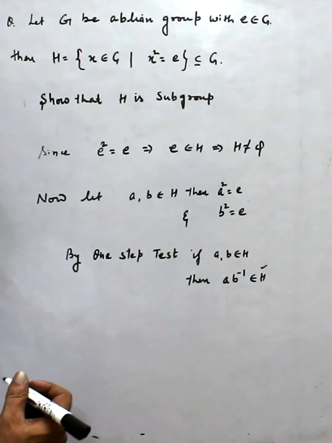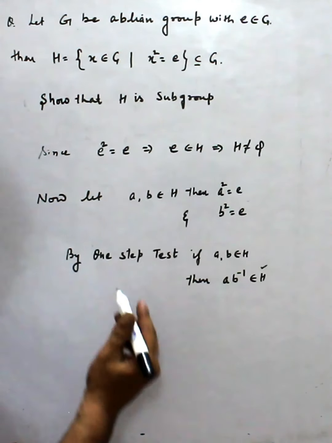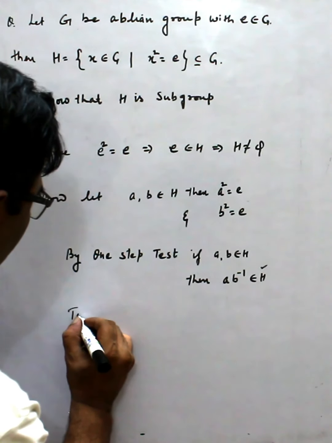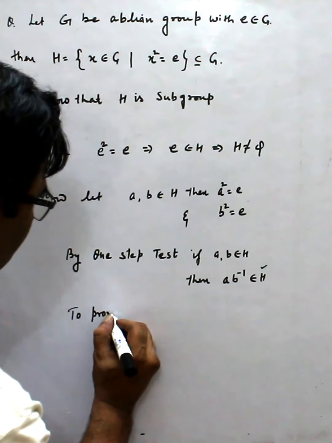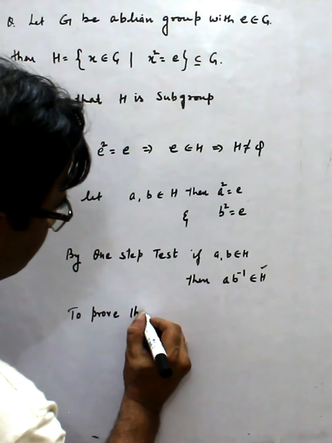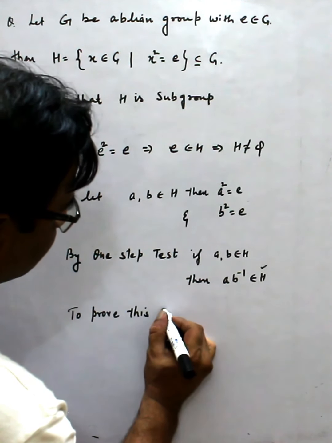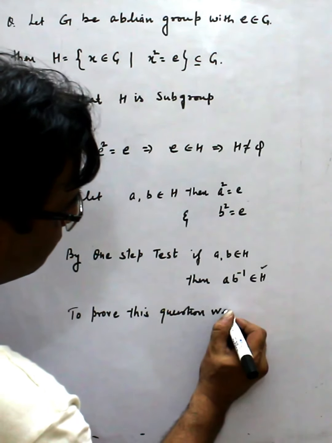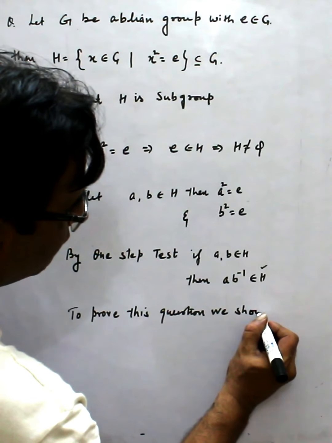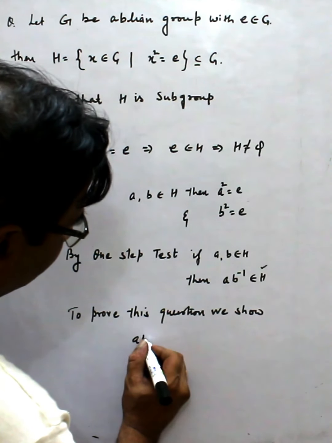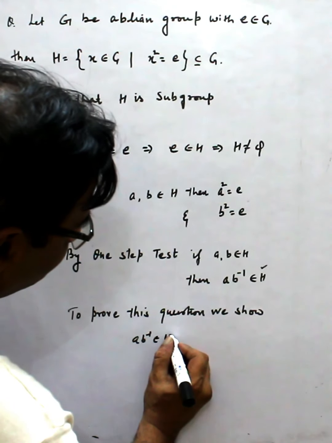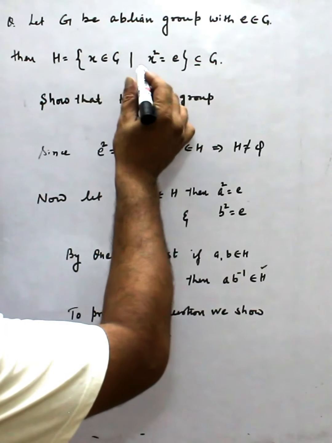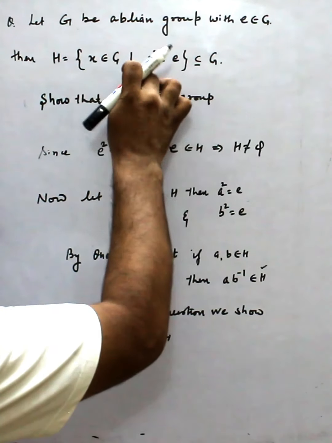Now we have a, b, then to prove this question we show ab inverse belongs to H when ab inverse satisfies this property.